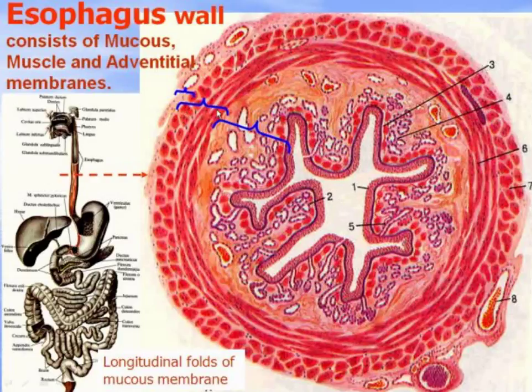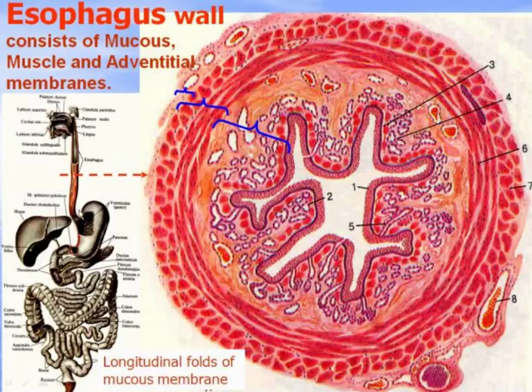Middle muscle membrane. It consists of two layers: inner circular and outer longitudinal, and in the upper part it consists of skeletal muscle tissue.